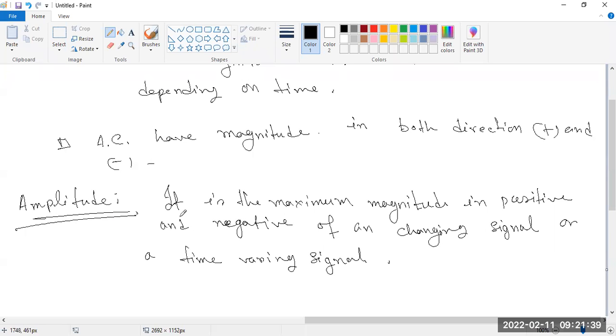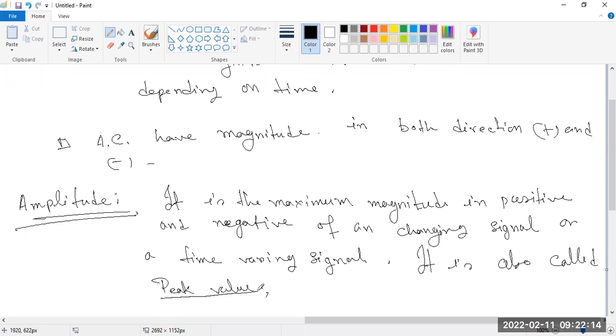What is amplitude? It is the maximum magnitude in positive and negative of a changing signal or time varying signal. Alternating means it is also varying as per the time. So it is a time varying signal. It is so called peak value, or another name is there.